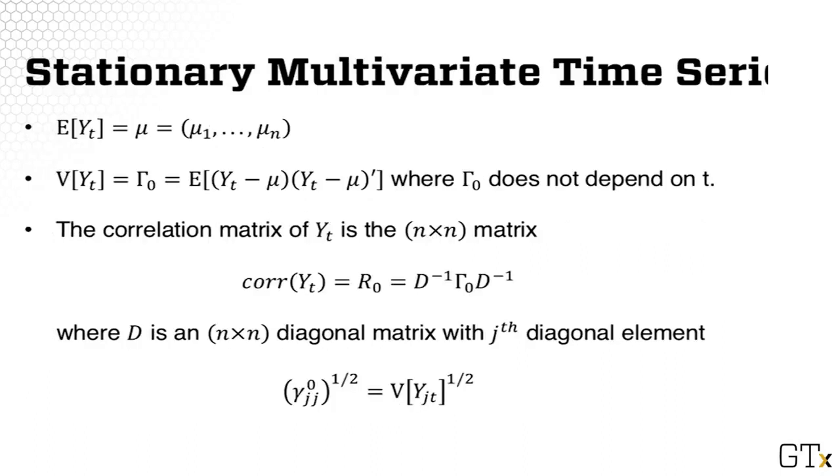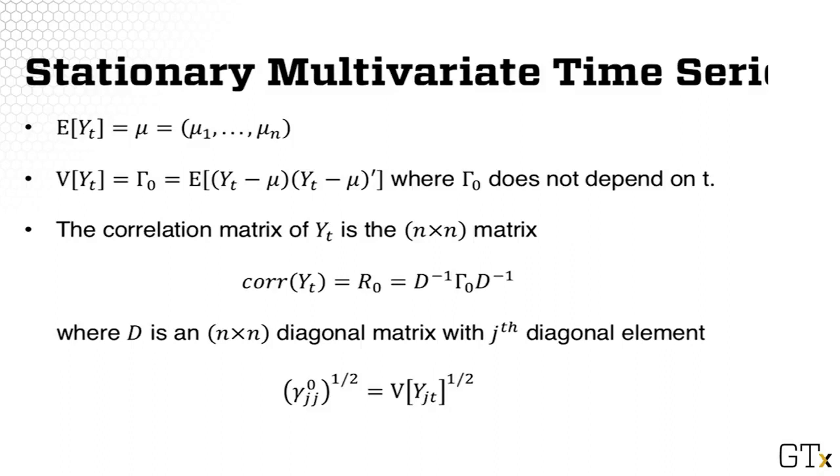Similar to univariate time series, we also have the concept of stationarity in multivariate time series. A multivariate time series is stationary if the mean of each individual time series is constant over time, which means the expectation of the vector time series is a vector of means mu, not varying in time.